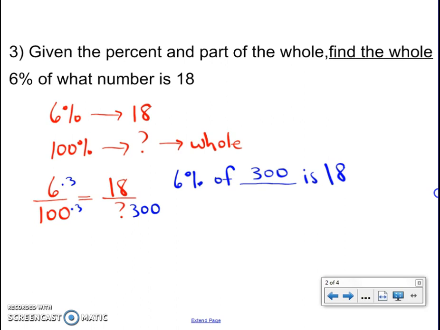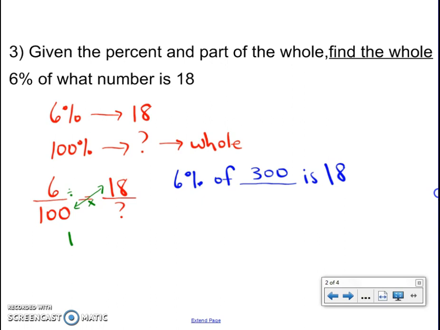The other way you can do it is you can use something that's called cross multiply and divide. So if we just take these little symbols out here, you can take 18, multiply it by 100, and then divide it by 6. Because not always is it going to work out neatly that you can multiply and have something that's neat and tidy, like 6 times 3 is 18.